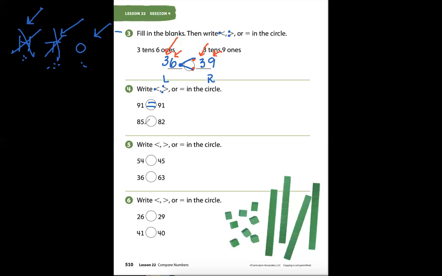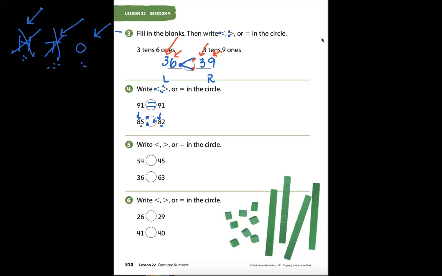8 tens and 5 ones, 85. 8 tens and 2 ones, 82. 8 tens and 8 tens. They have the same value, so now I look to the ones place. 5 ones and 2 ones. 5 is greater than 2, so I'm giving it 2 dots. 2 is less than 5, so I give it 1 dot.